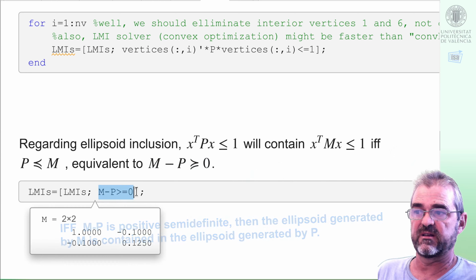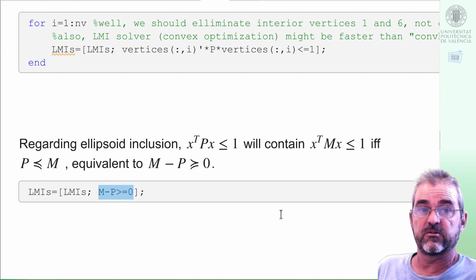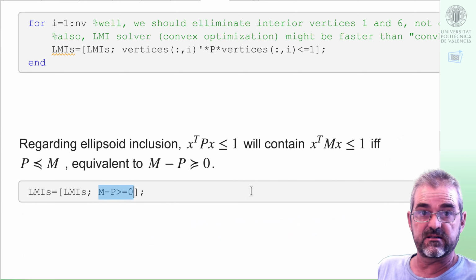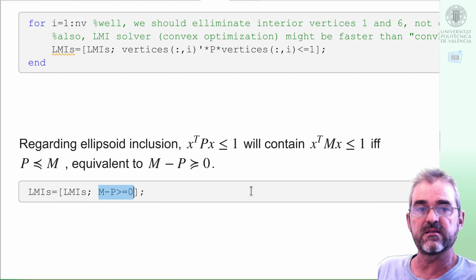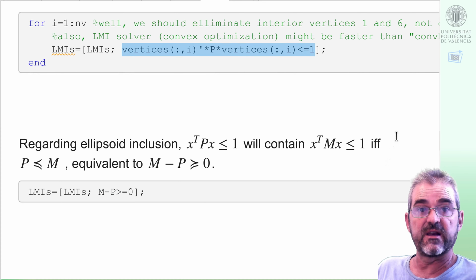So we append that last LMI condition to the set of constraints. This is actually a matrix constraint, a matrix that must be positive semi-definite. These kinds of constraints are the ones that you cannot add into linear programming, simplex stuff. This was an inequality between scalars.